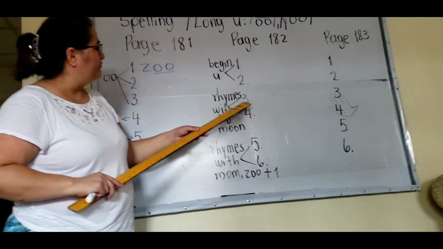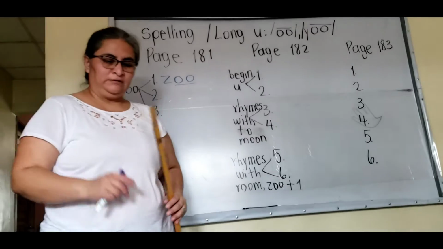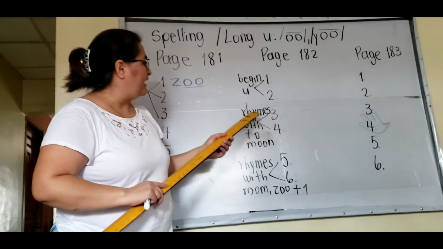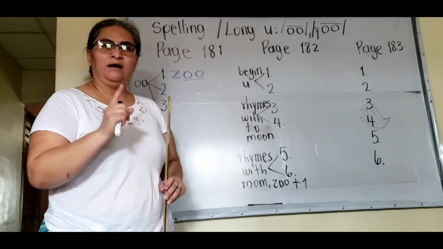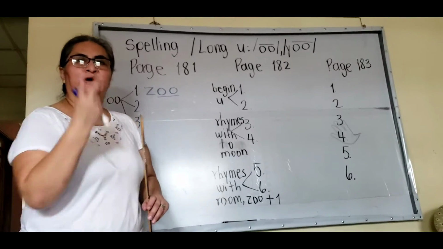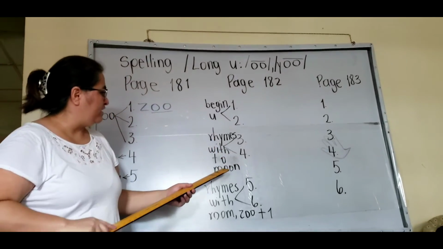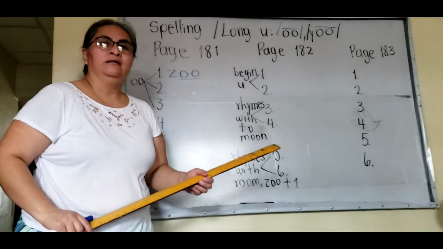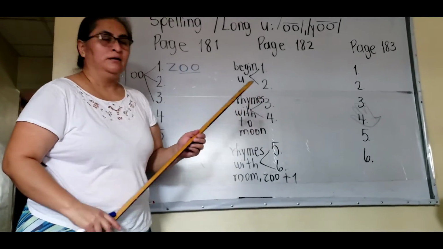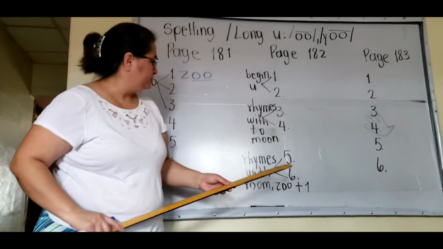And then you have 3 and 4. You will write in number 3 the word that rhymes with 2. What is the word that rhymes with 2 and has 2 letters? And then you will write in number 4 the word that rhymes with moon.